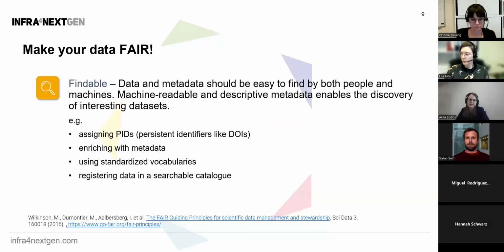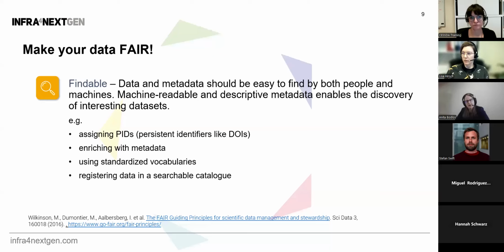You should register data in a searchable catalog, and ideally in a catalog that allows for harvesting metadata to other catalogs. For instance, the data catalog at the Austrian Social Science Data Archive is harvested by CESSDA.